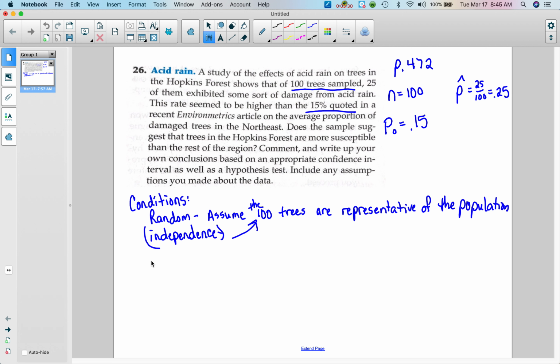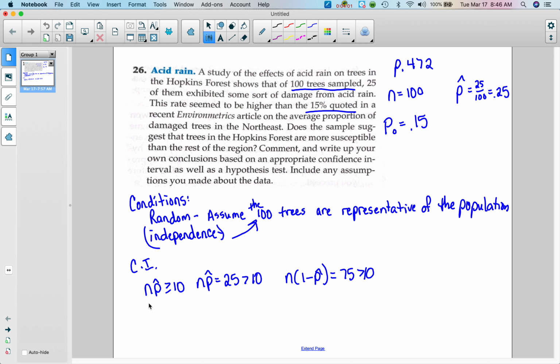Then we need to know that our sample size is large enough. Remember what you have to do on that. For a confidence interval, we're looking at n times p hat greater than or equal to 10. In our situation, we had 25 of them. n times p hat is 25, which is greater than 10. And n times 1 minus p hat is 75, also greater than 10.